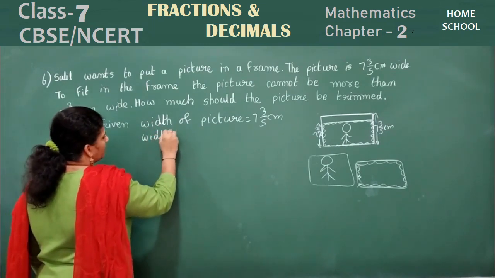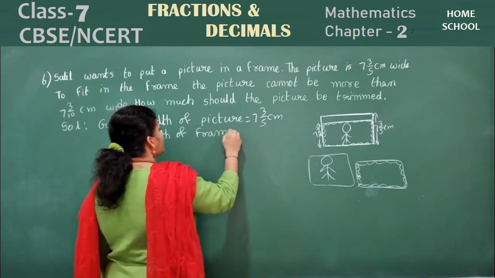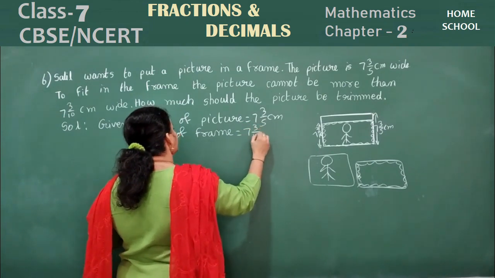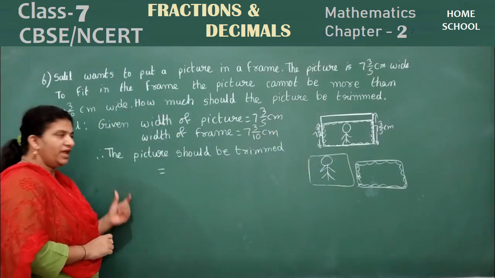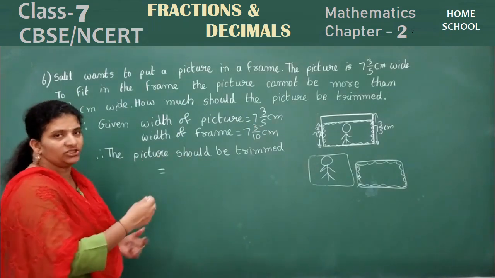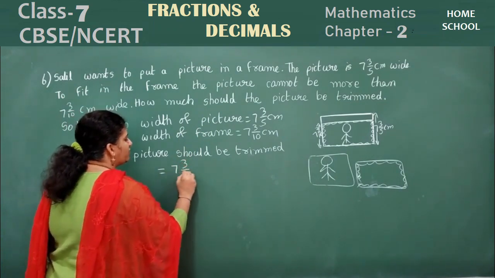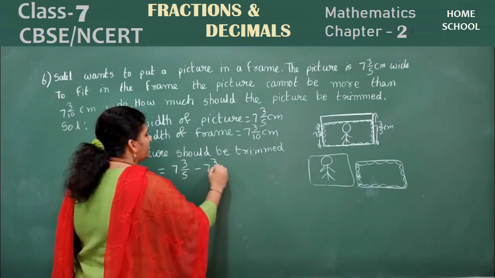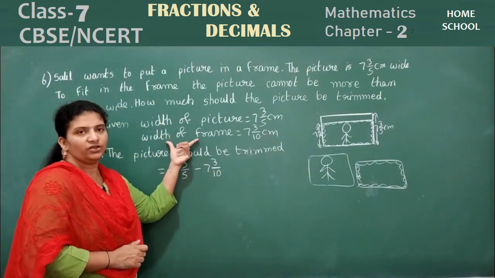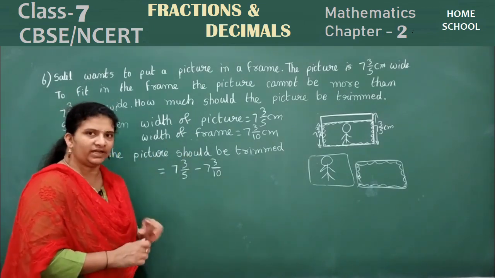Width of frame, picture frame, is equal to how much? 7 3/10 centimeters. Therefore, the picture should be trimmed. How much do we need to trim, children? So, we need to calculate here. That is 7 3/5 minus 7 3/10. In width of the picture, you need to subtract width of the frame. Then that part is to be trimmed out.